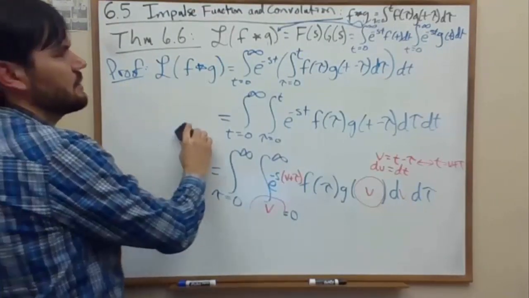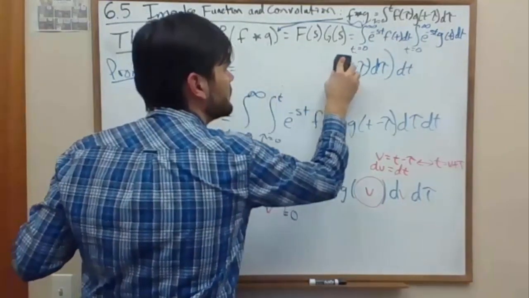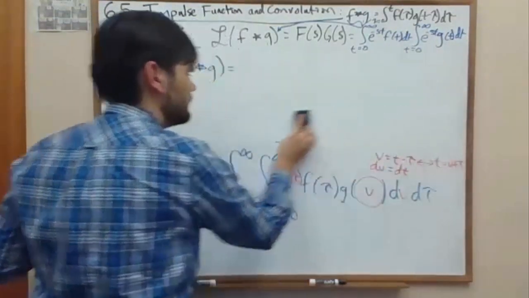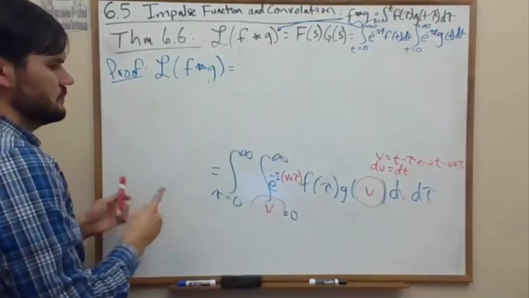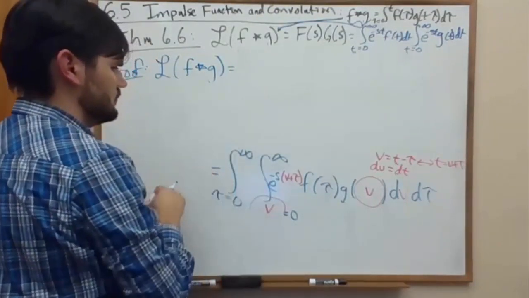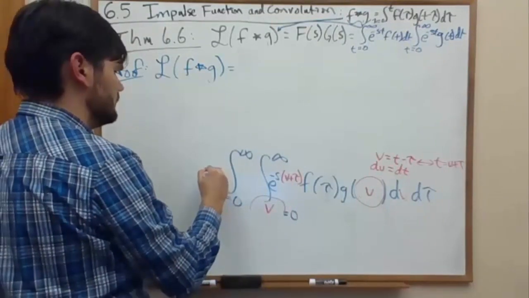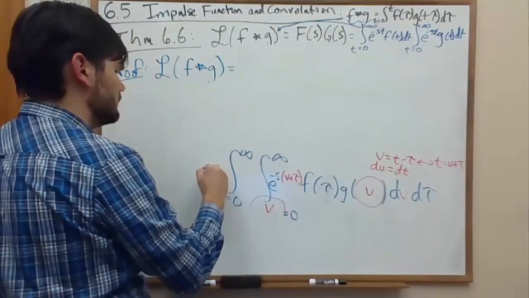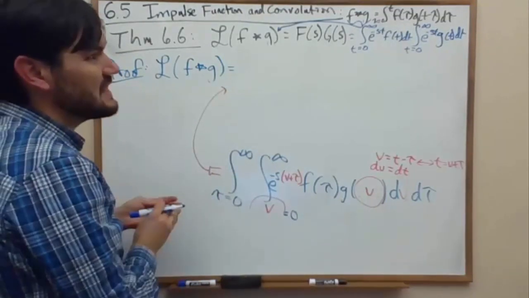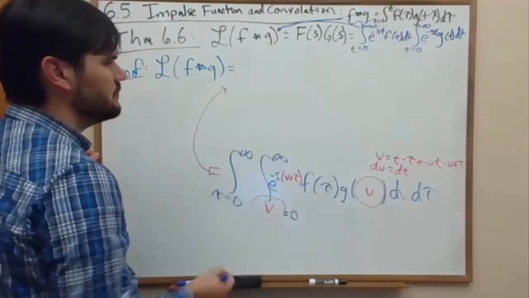So let's go back to the top. Separating out the f function, that means the tau piece.